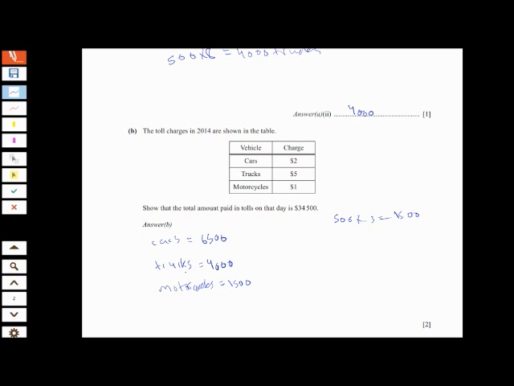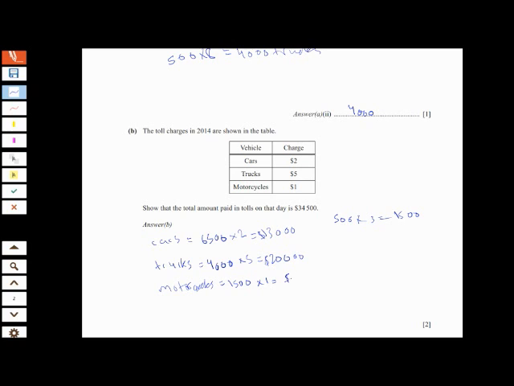Now let's multiply each one by the value here. So cars are $2 each. So times 2, and that would equal $13,000. And the trucks times 5. That would equal $20,000. Motorcycles times 1, which is $1,500.